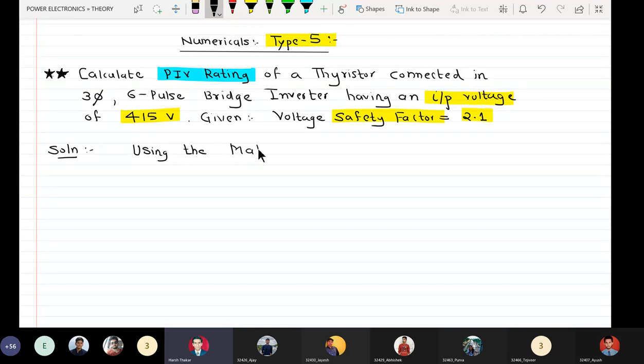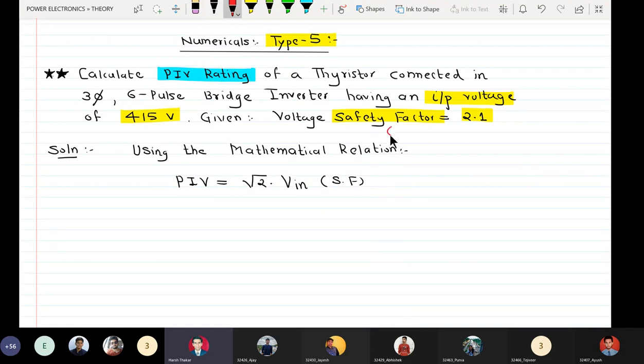Using the formula, PIV is equal to root 2 into V in into the safety factor.